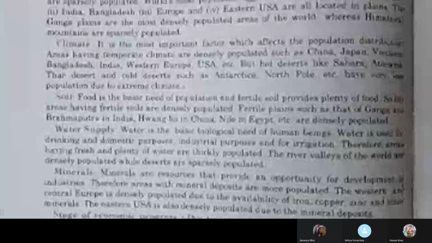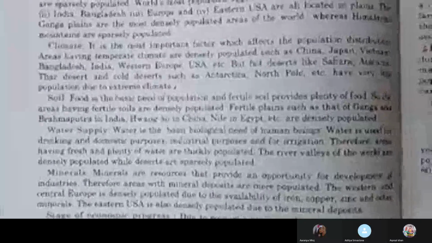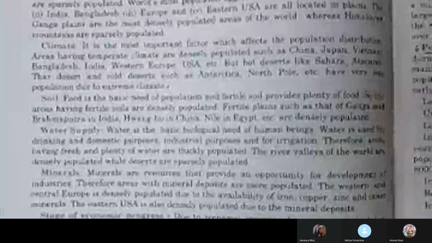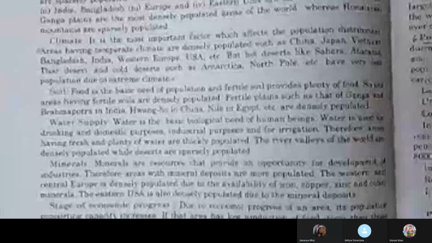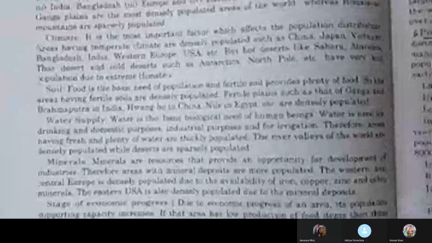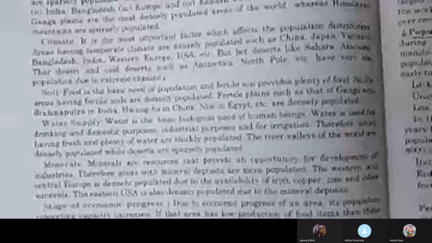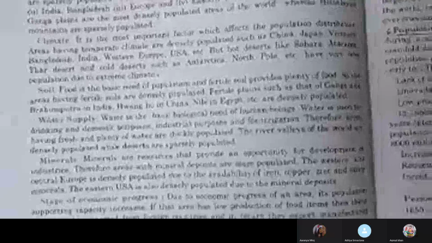Then the second factor we talked of was the climate. Obviously, a dry or hot climate would not be preferred by people to reside in, whereas areas with a moderate, temperate climate would be more densely populated.